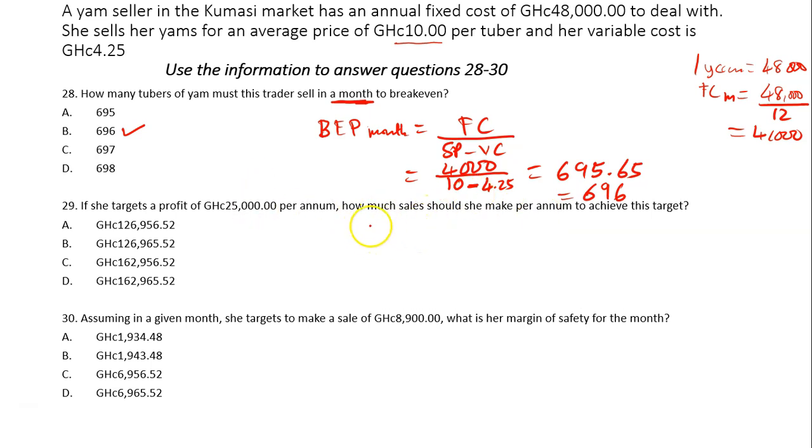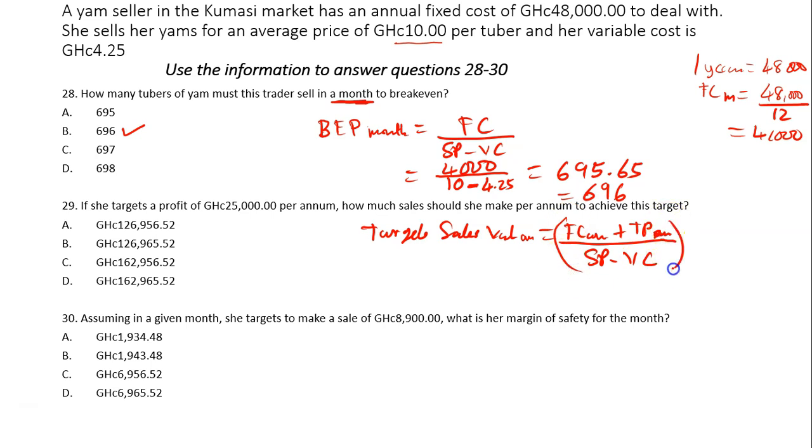Now, to solve this question properly, you should know that target sales in value for the year should be equal to fixed cost per annum plus target profit per annum divided by selling price minus variable cost, or multiplying by what? Selling price in value. So what is the fixed cost? The fixed cost is 48,000. So we substitute it there.